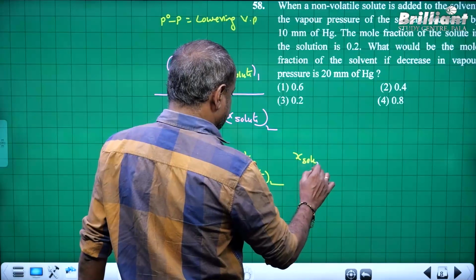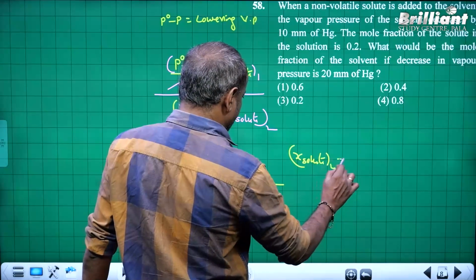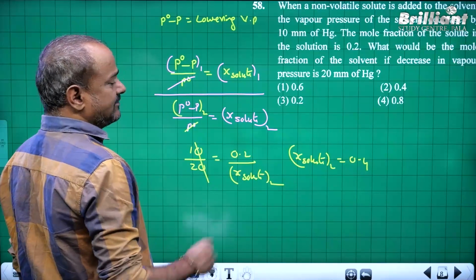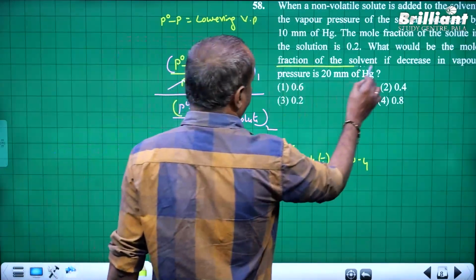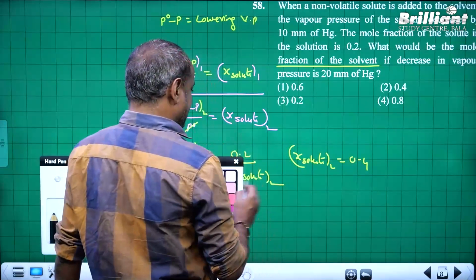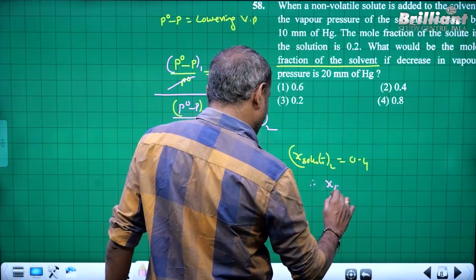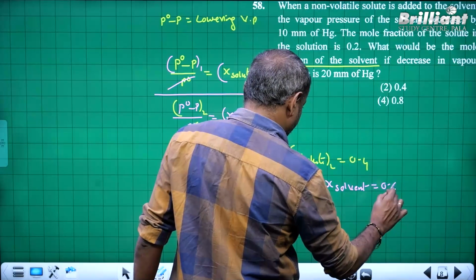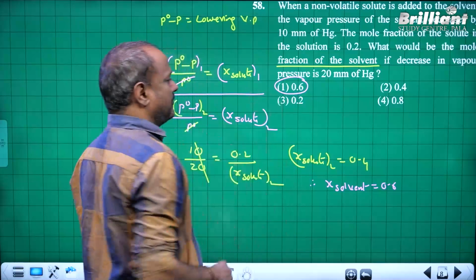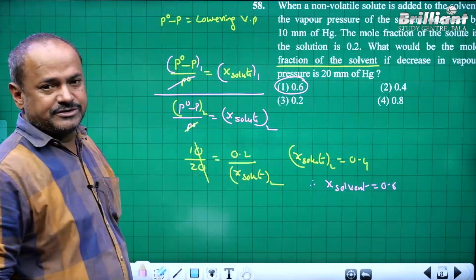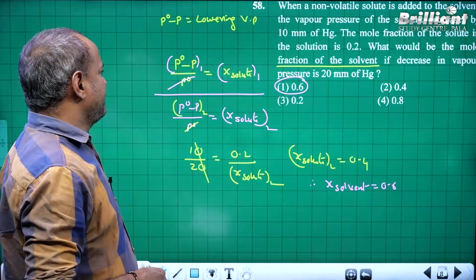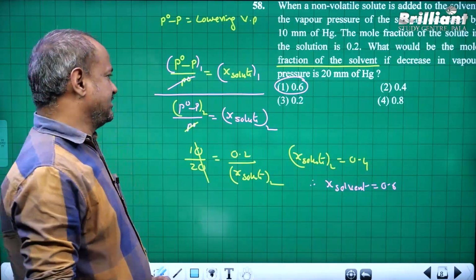So the mole fraction of solute the second time is equal to 0.4. But the question asks for the mole fraction of solvent, 0.6. Option 1. So just take the ratio for the lowering of vapor pressure for the two comparisons, initial and final.